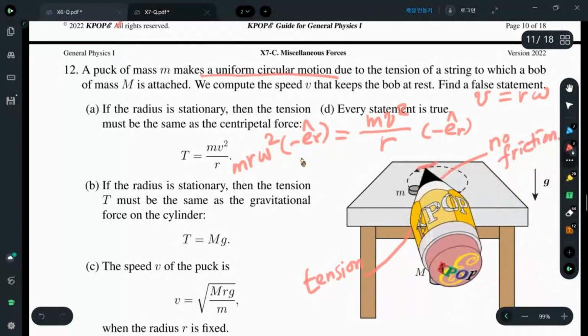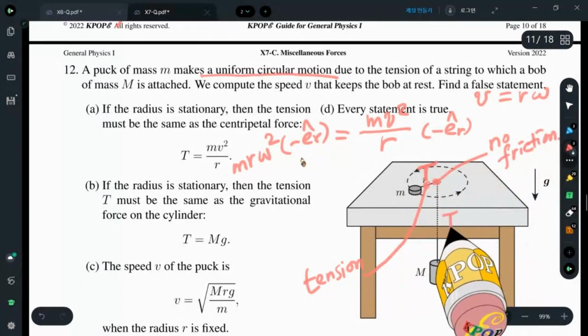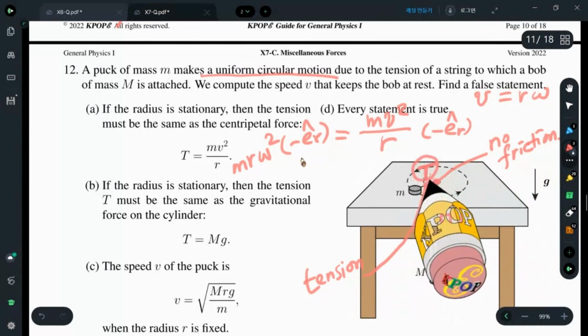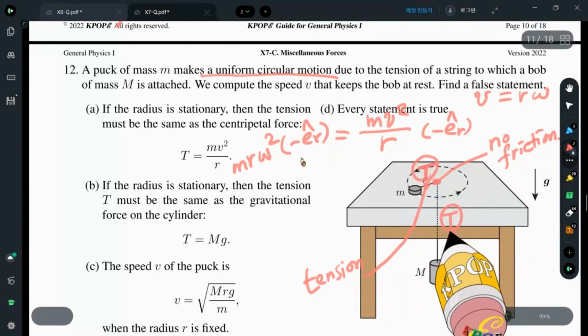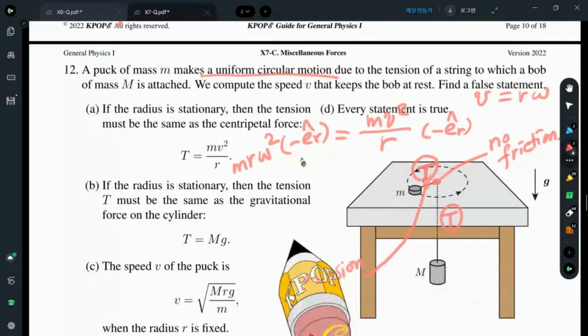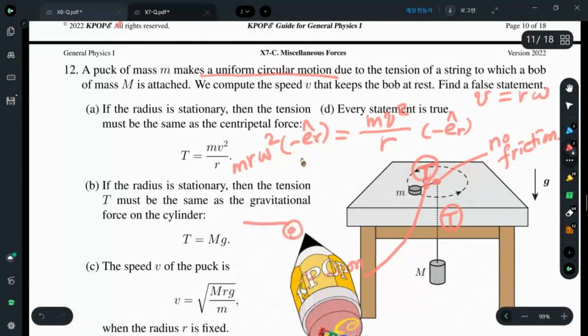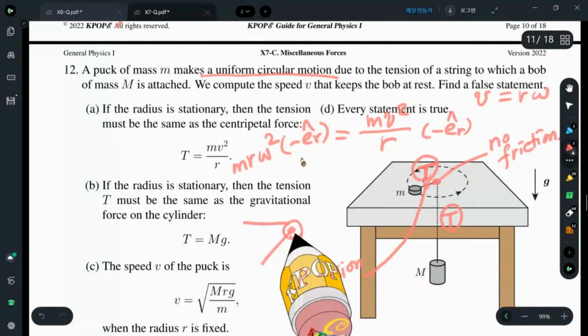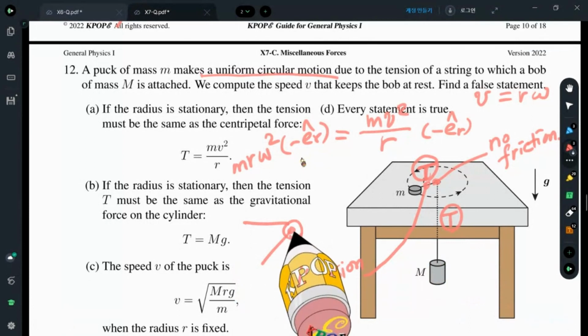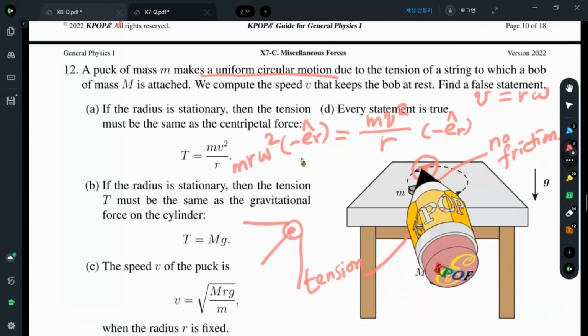In that case, the magnitude of tension is always preserved. This tension and this tension magnitude must be the same, just like the case when the string is attached to a massless pulley.